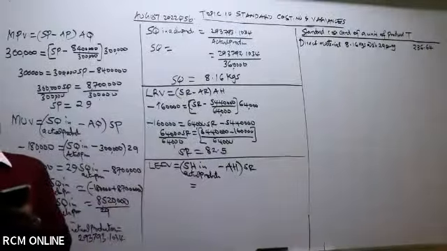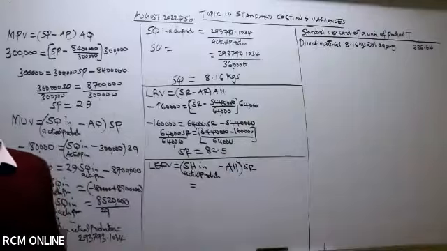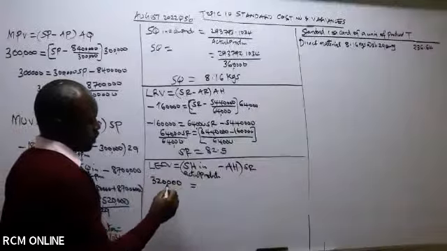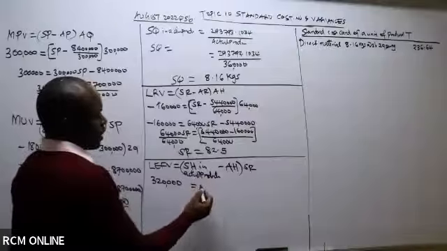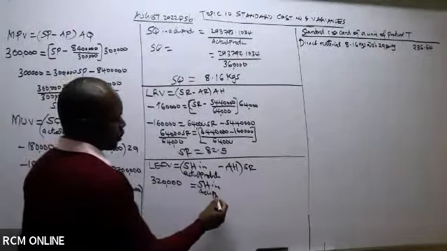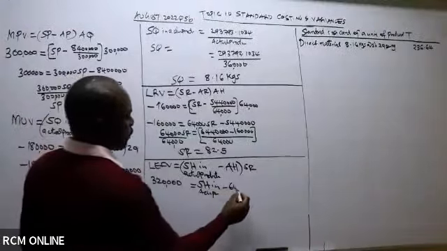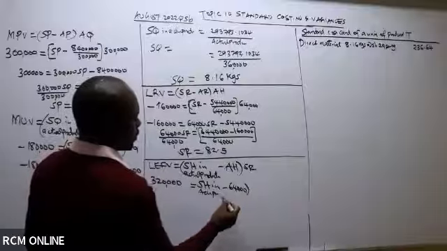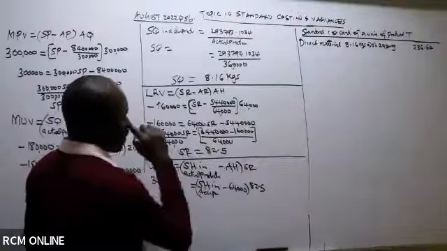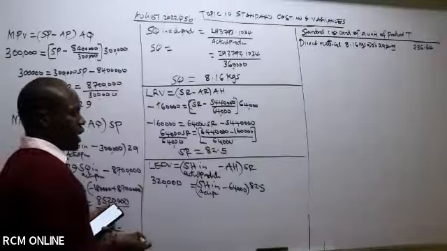What are we getting? The labor efficiency variance is 320,000 favorable, so that is positive 320,000. Positive 320,000 is equal to standard hours in actual production minus actual hours. Do we have actual labor hours? Yes, 64,000, in bracket, times standard rate, which is 82.5. I want us to work this backwards and see what we're going to have.